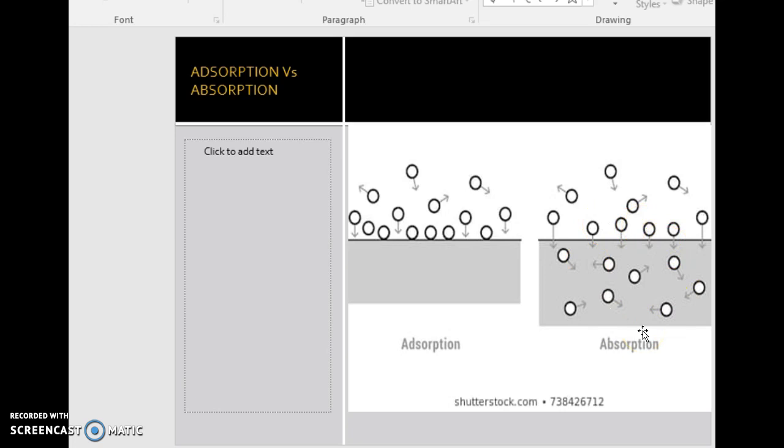With adsorption, which is the important part of chromatography, it's only bonded to the surface of that stationary phase. Then we've got the mobile phase, which comes over the top, and anything that wants to bond with the mobile phase more will move along, and the ones that don't will tend to stick to the stationary phase more closely.